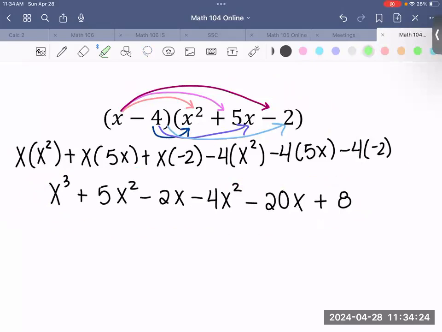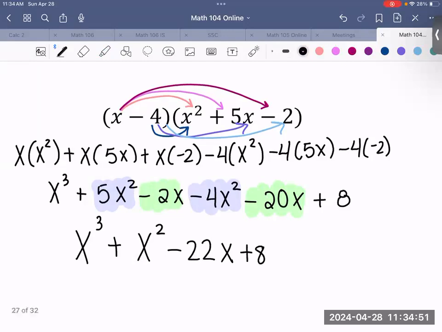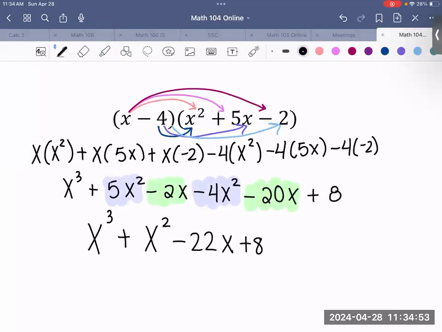Notice that right here, we have a squared and a squared. We have an x and an x that can combine, and that looks to be it. We also want to make sure that we are writing in descending order. So largest value first, and then slowly trickling down. And there we have our final result.